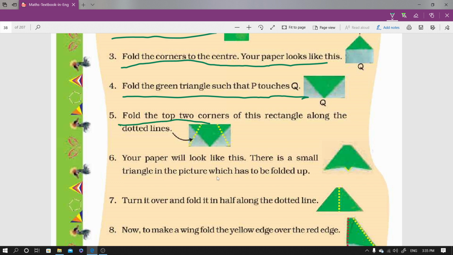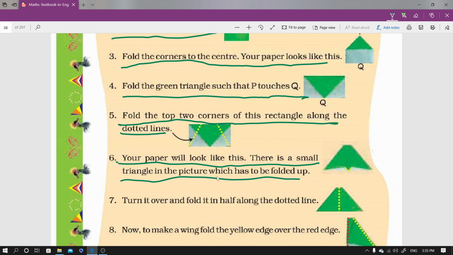Fold the top two corners of this rectangle along the dotted lines. Your paper will look like this. There are small triangles in the picture which has been folded up.